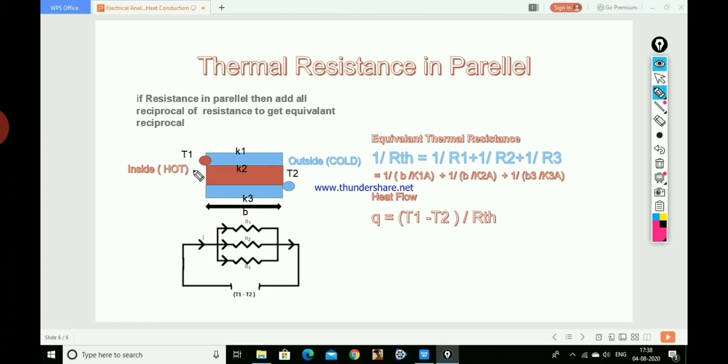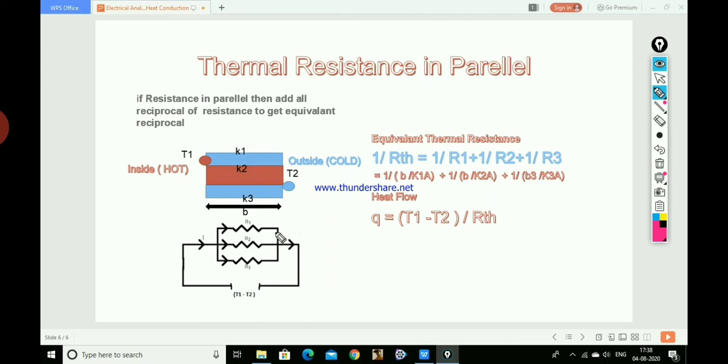Here we are not taking the temperature of the air; we are taking the temperature of the surface directly. The inside surface temperature of the aluminum frame, glass and upper aluminum frame is T1, and let us assume it is 70 degrees centigrade. Similarly, the outside surface, again aluminum, glass and upper aluminum, is at temperature T2, let us say atmospheric temperature 25 degrees centigrade.